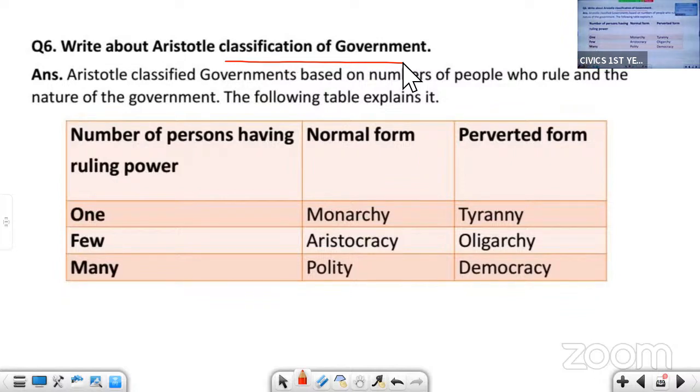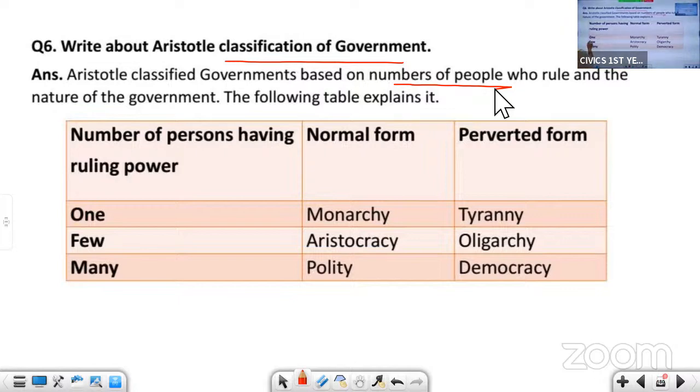So what are these? This is the classification given by Aristotle. He has done this classification on the basis of number of people who are ruling.